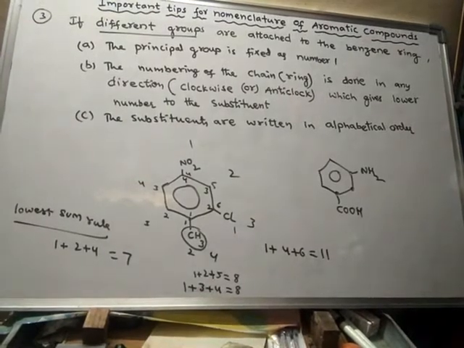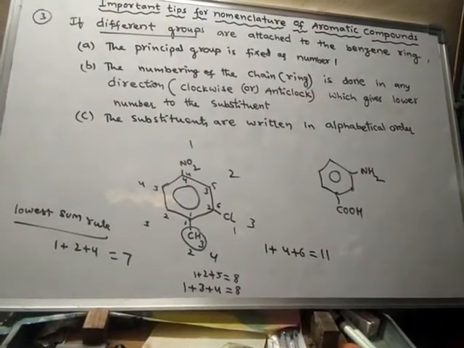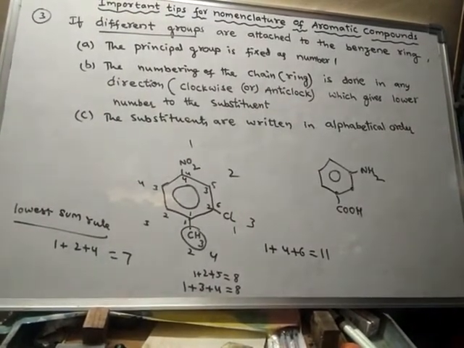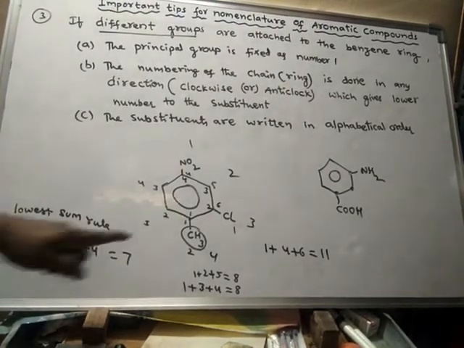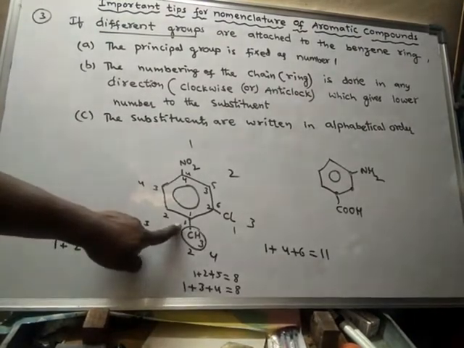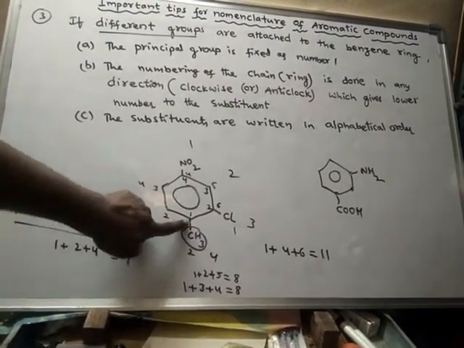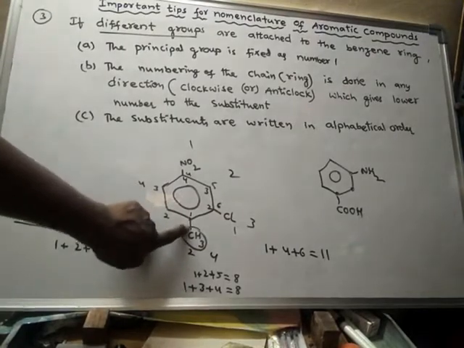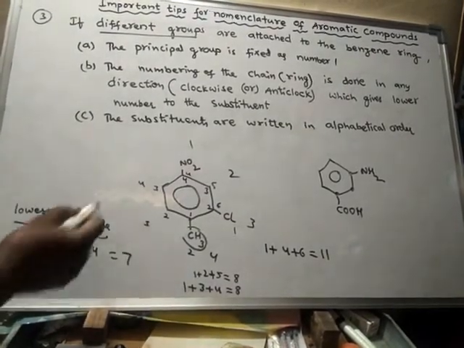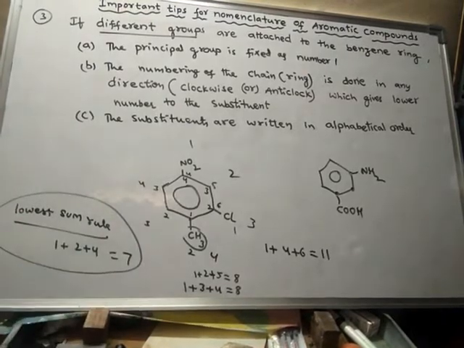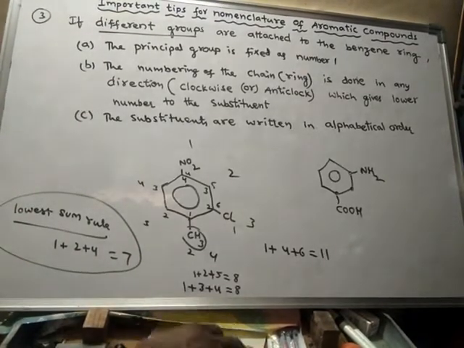So now we have to give numbering in such a way that it follows the lowest sum rule. If you give numbering starting from the methyl group carbon and go in the anti-clockwise direction, we get the lowest sum.